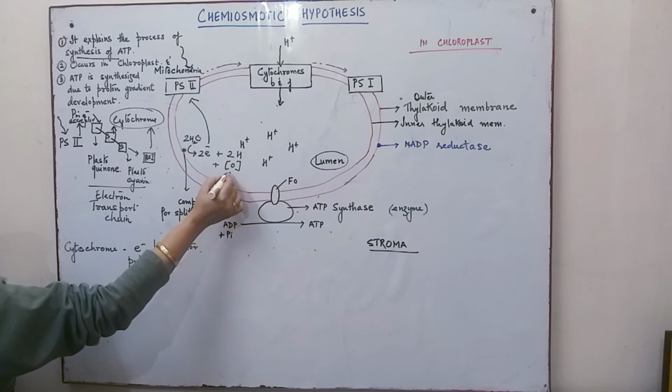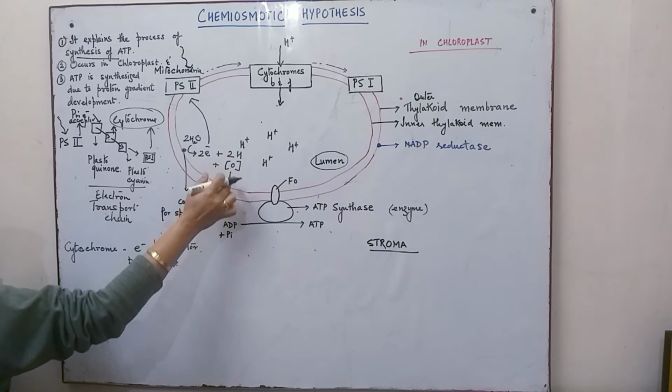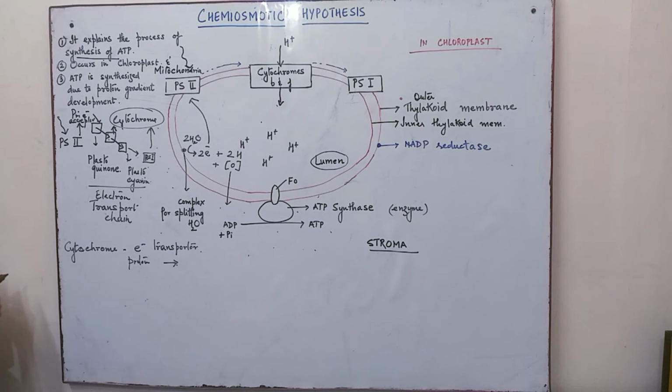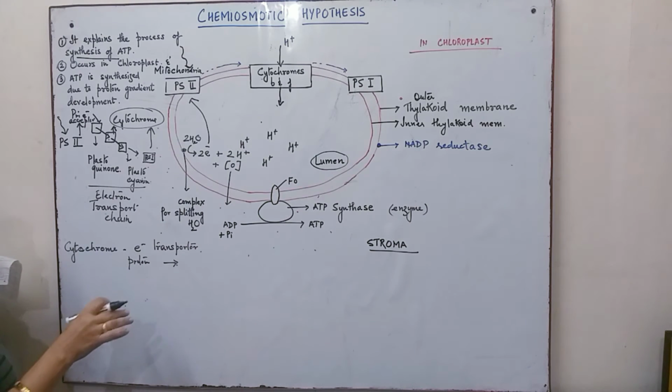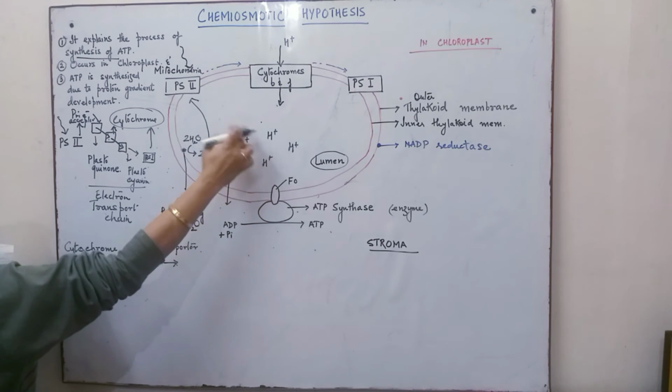Now this oxygen diffuses out from the lumen to the stroma, that is towards the outside, through the membrane as a byproduct. The hydrogen, that is the protons, is accumulated within the lumen.